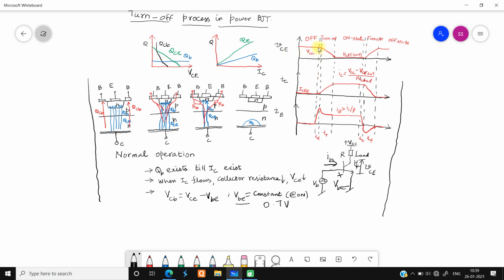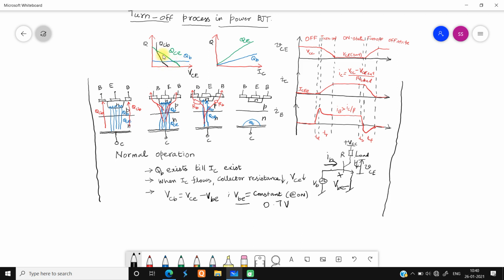Since the turn on process is constituted, the VC is going to be decreased. Since the VC is decreased, the QB will be accumulated in a constant manner, and QCE will be accumulated in some sloped manner.